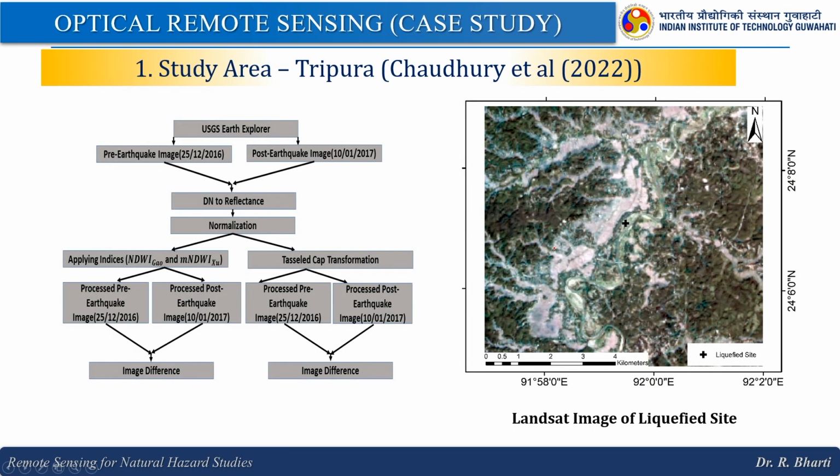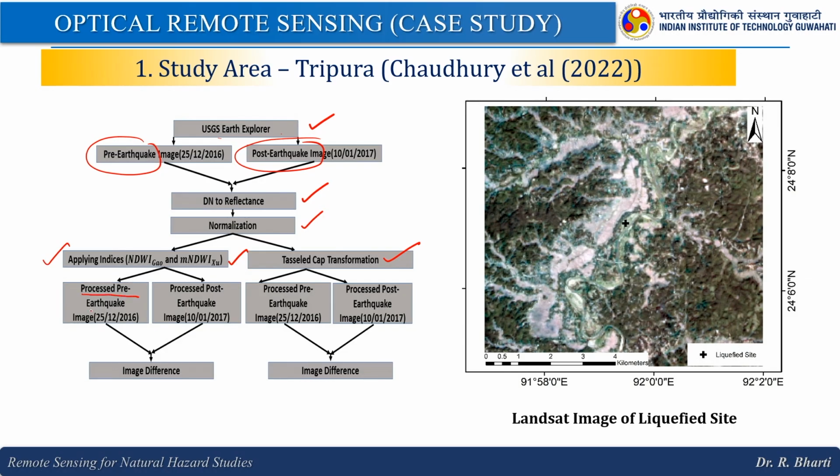So, this is the Google Earth image of the liquefied site from this particular paper. In this, what we did is we used the USGS Earth Explorer to get the pre and post earthquake images, and then they were converted to reflectance. Then we did the normalization, and then these two different approaches, one is tasseled cap and another is the different indices which are available, were used to identify the moisture content, right, or changes in the area.